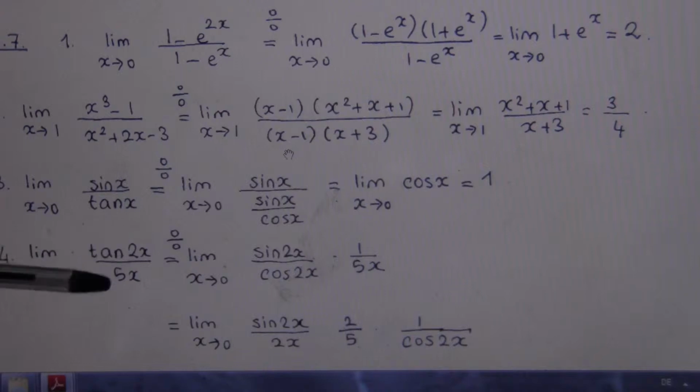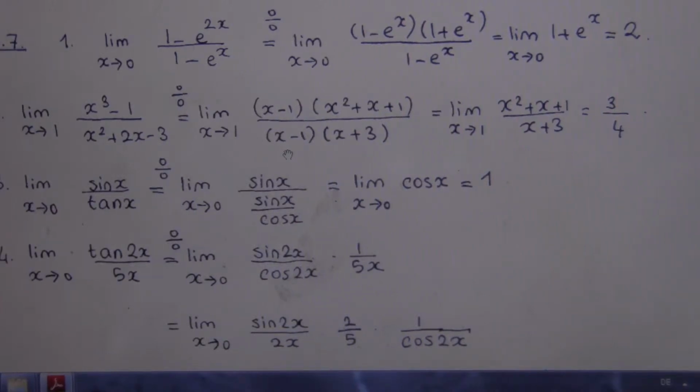And the good thing is we kind of see that there. So we know manipulations. We're going to manipulate until we see that when we plug in x, we just get 2/5 alone as the answer. Right? Alright, so let's follow the regular rules. We call tan sine over cos, as I said. So tan 2x is sine 2x over cos 2x.